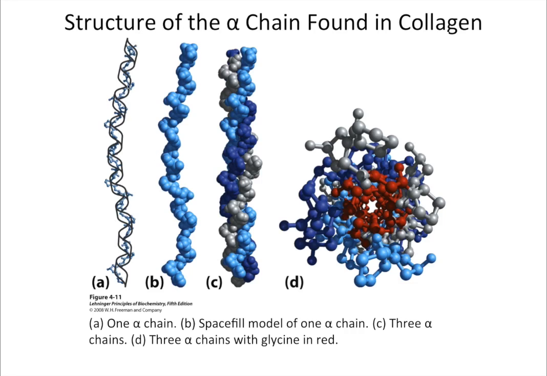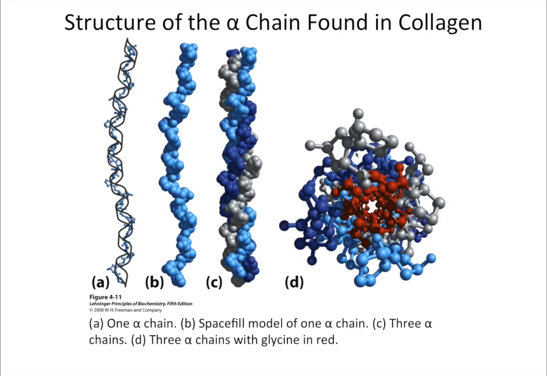And then this ribbon kind of shows you how it wraps around. In B, we have a space fill model of one alpha chain. So this is called a van der Waals model. Essentially, it's the same as this. The only difference is that all of the space is occupied in this by the atoms. So it's a more accurate description of the actual space that would be occupied by all of the atoms in the molecule. Here we have 3 alpha chains, which are essentially wrapped together to form this super complex.